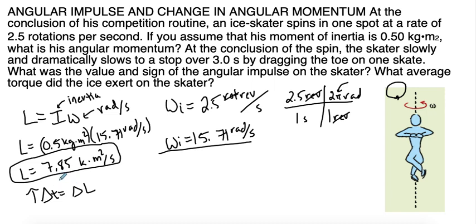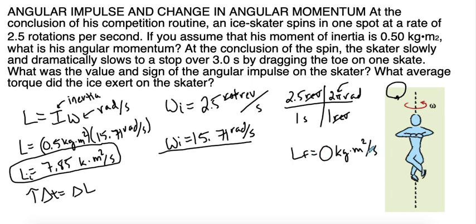So impulse is going to be change in angular momentum, and we found our initial momentum to be 7.85 kilograms times meters squared per second. What's the final angular momentum here? Well, the skater is going to come to a stop in 3 seconds, so that's just moment of inertia times final angular velocity, which is 0 kilogram times meter squared per second.